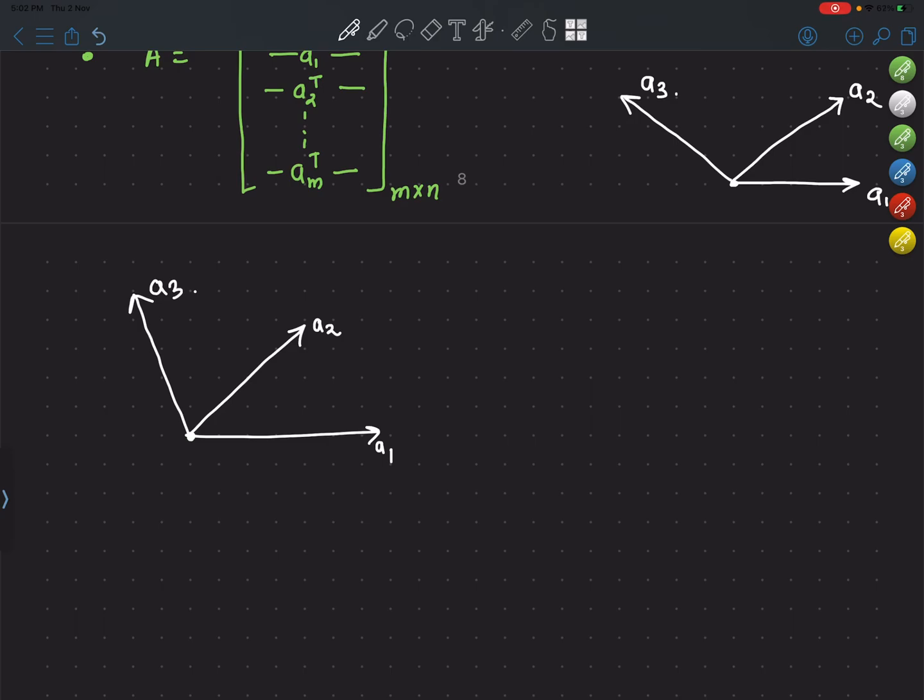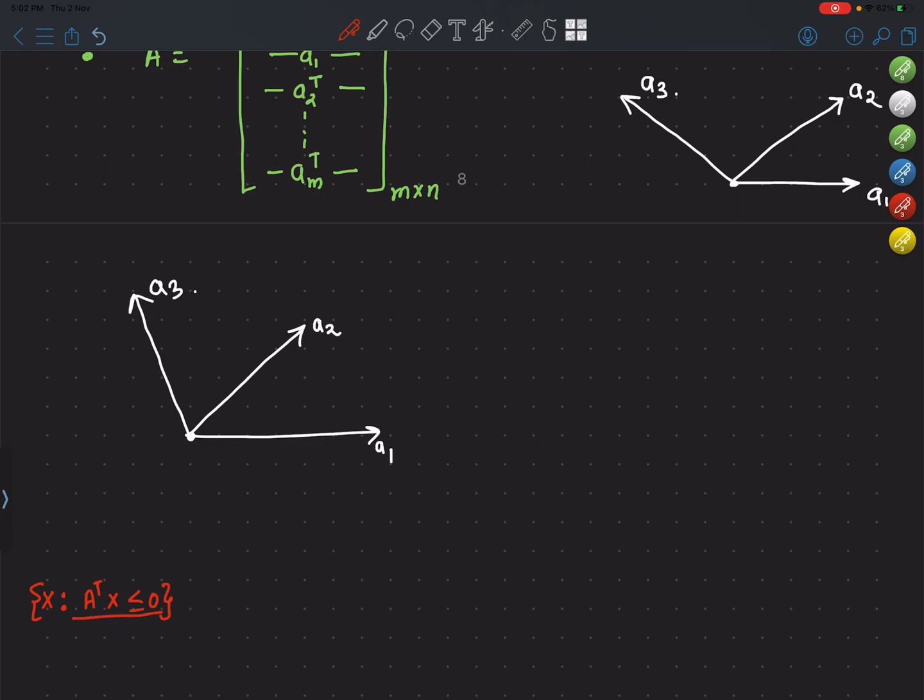So what does x such that A transpose x less than or equal to 0 mean?